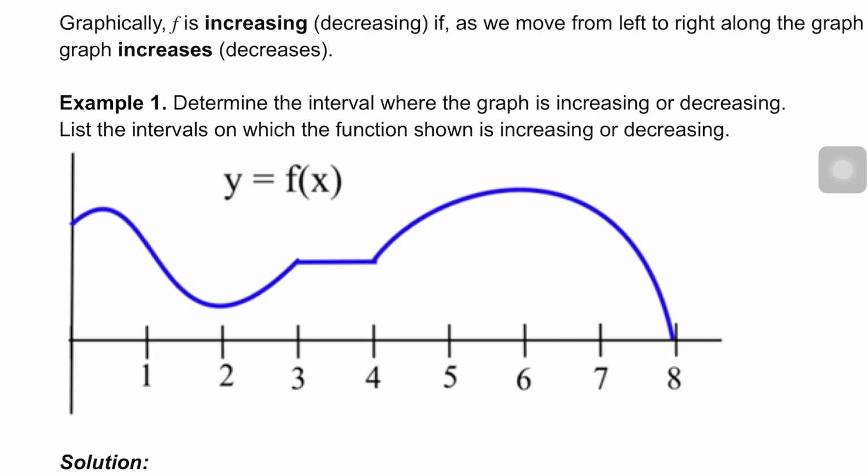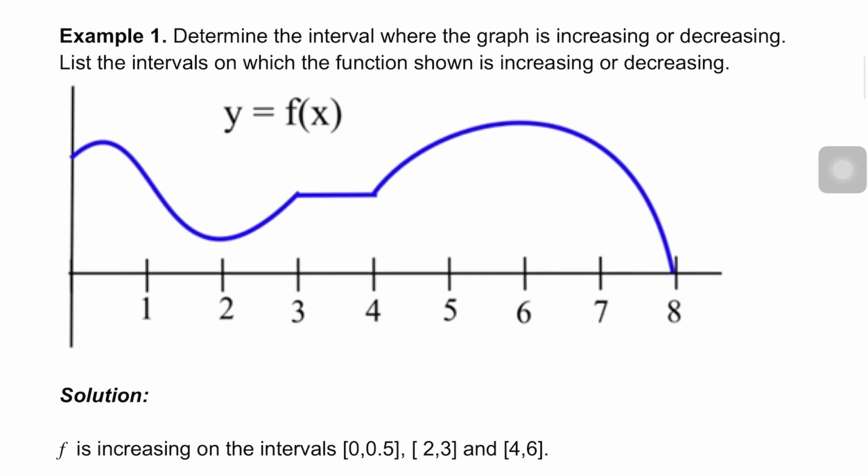If you notice, after that, the function from here all the way over here starts to decrease, meaning it starts to go down. If you think about it in real life, that means you're descending, right? So we're saying from the x value 0.5 to the x value 2, the function is decreasing.